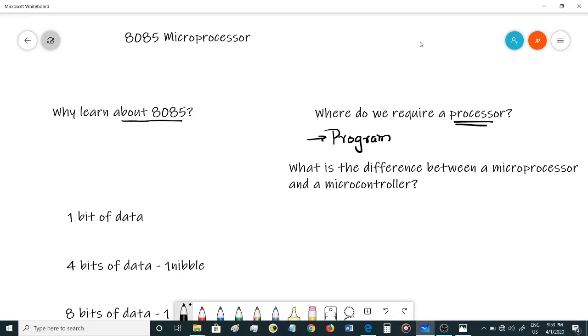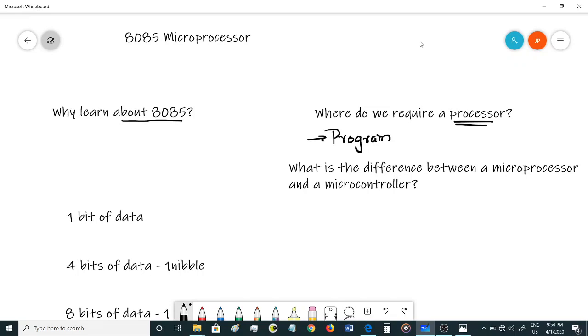Now look at a washing machine. How does a washing machine work? If you put some clothes into the washing machine, it checks, and we are talking about an automatic washing machine, of course, the weight of the clothes, and depending upon that the water level is decided, and then it starts its washing process.